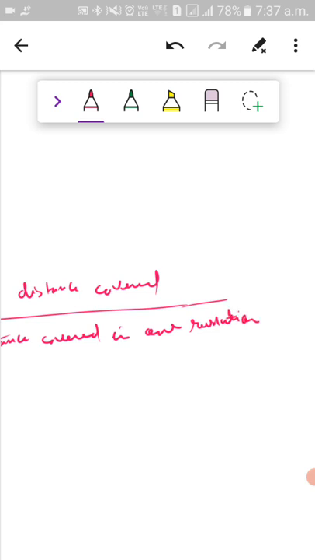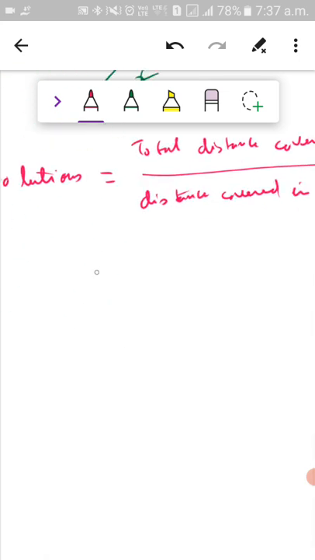Okay, so total distance covered is how much? That is 11,000 meter that we have calculated, and distance covered in one revolution is given by the circumference, that is 2 pi r of the wheel.